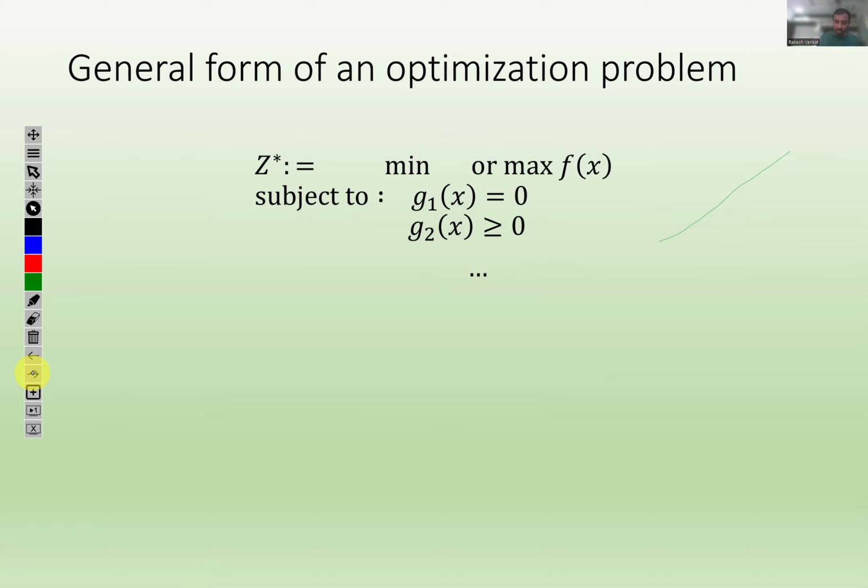Here x is the variables, typically in R^n or some high dimensional space of real variables. So x is not a single variable; you can think of x as a tuple of variables.